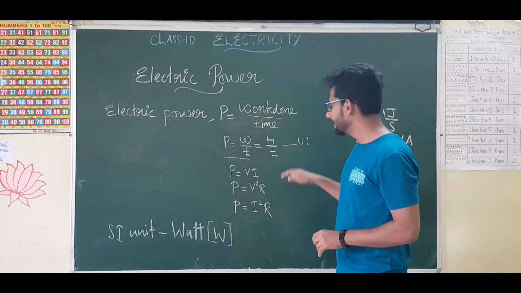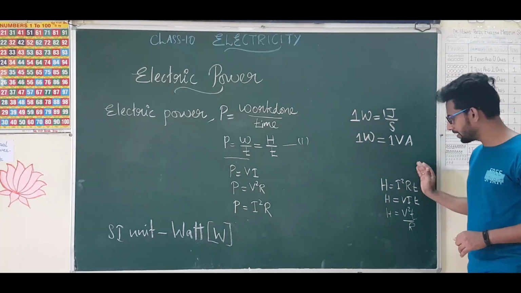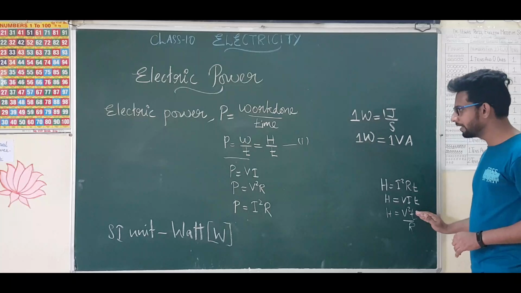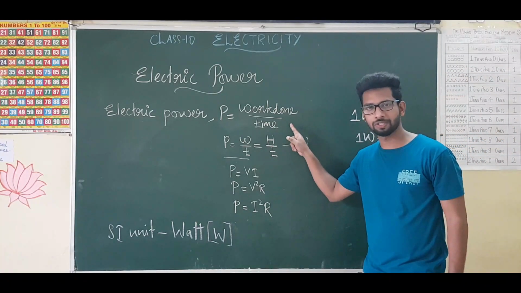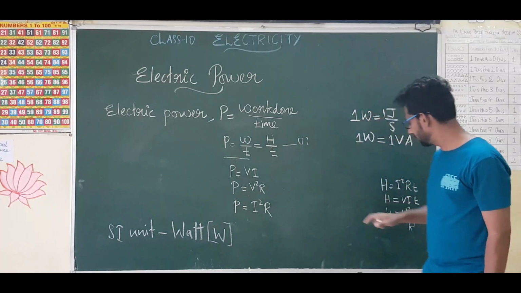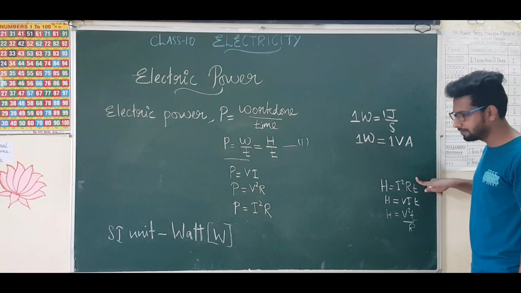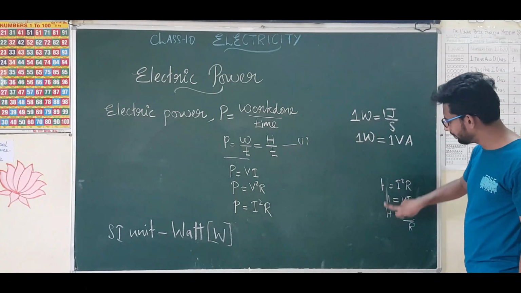Just substitute the values for H in the equations. There are three equations you studied in the last class: H equal to I square R T, H equal to V I T, H equal to V square T by R. Since P equal to H by T, you have to divide the heat equations by time. Just replace heat from these equations and you will get the equations for power.